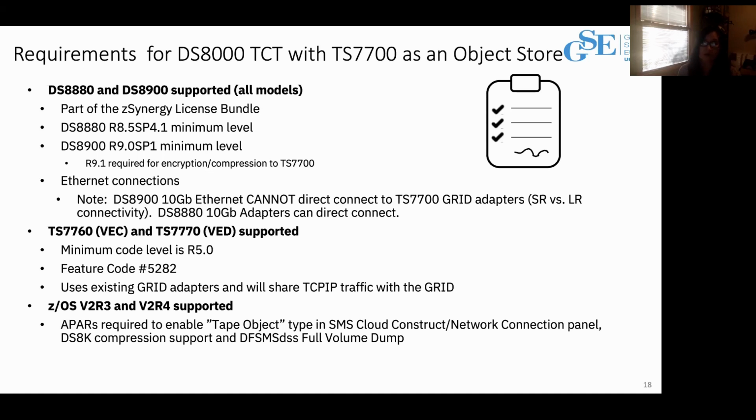If you are going to use the 7700 as a target, you want to make sure you have the correct APARs. There's a list, I didn't list them in here. But the other thing is that with the new release that just came out this year that supports the DS8000 compression and the new DSS full volume dump that Robert's going to talk to you about next, there are additional APARs for those as well.